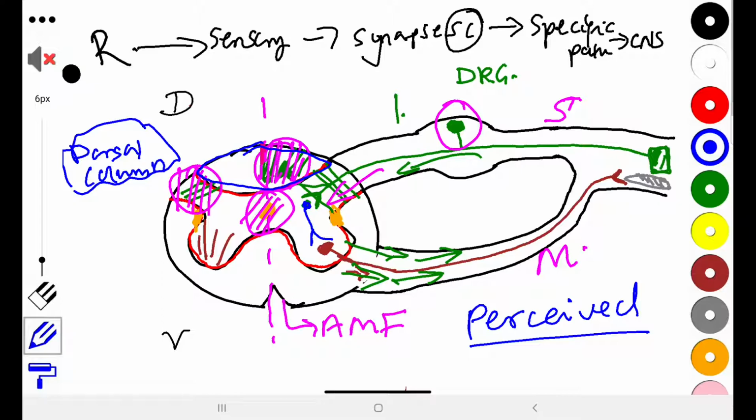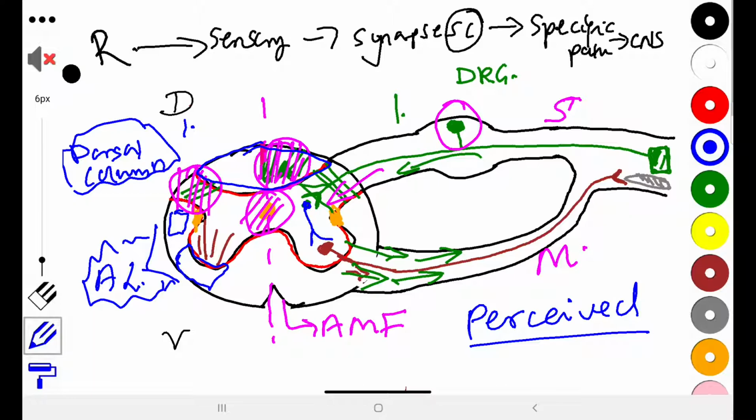Then we also have some that ascend through the anterior or ventral component, and some that go through the lateral component. So this anterior lateral pathway will be discussed as one pathway. We will discuss, number one, the dorsal column pathway, and then the anterior lateral, or ventral lateral, pathway.